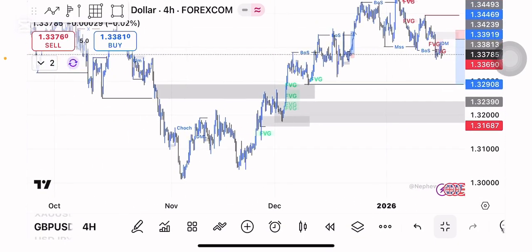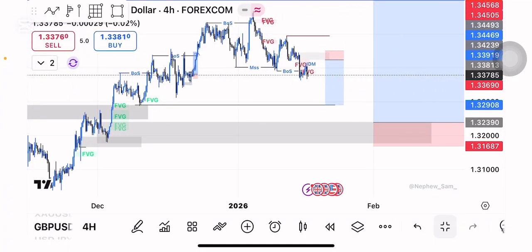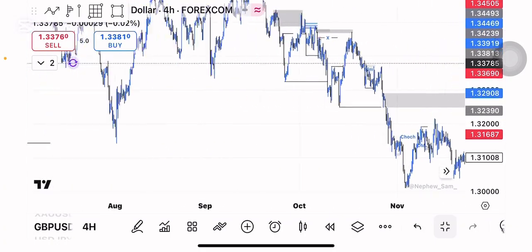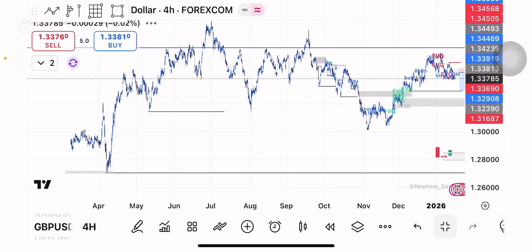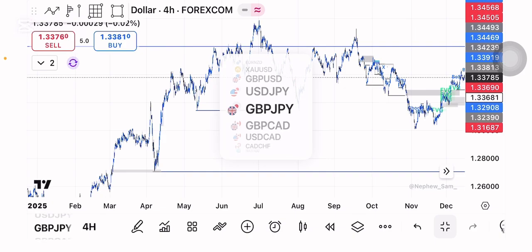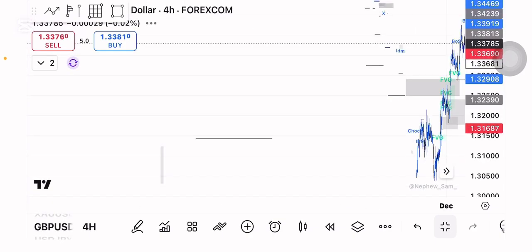I think I saw an engulfing bar that played out. Where was it? The EUR/USD. Okay. I think there's one here now.